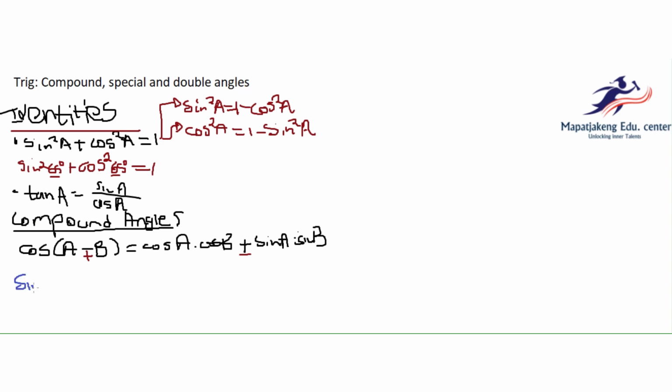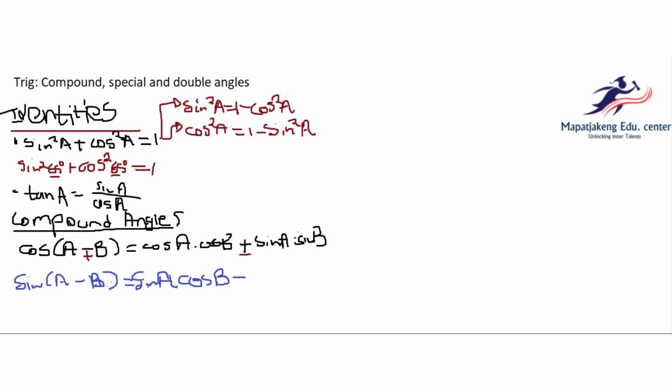And for sine it's a different story, so it's advisable that you know the difference. If you have sine of A minus B, you start with sine A and then cos B. But because this is minus, even here the sign still remains the same.